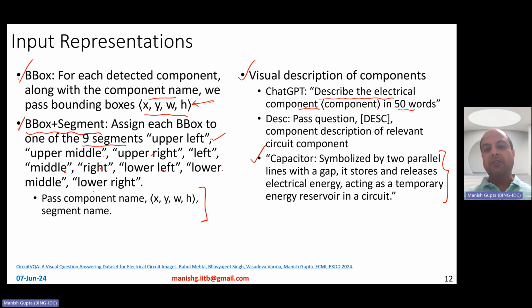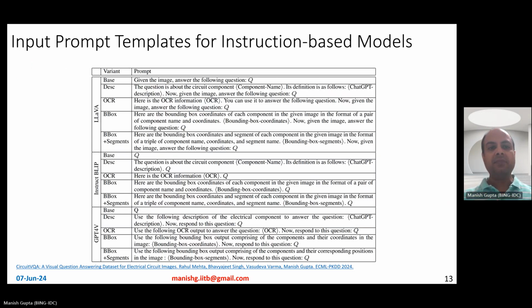So this is the extra description that we pass along with the question in this kind of input representation. All the components that are present, we take the electrical circuit components' visual description and pass that as input in this description-based method.